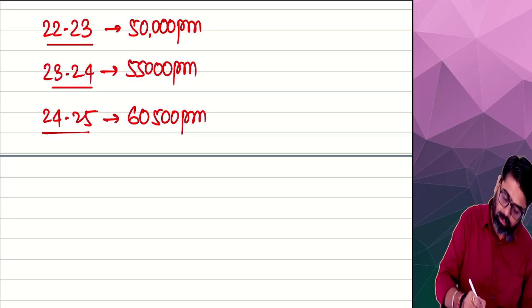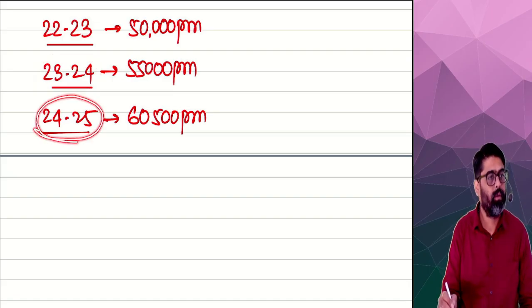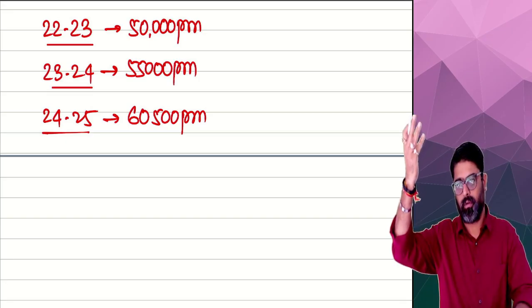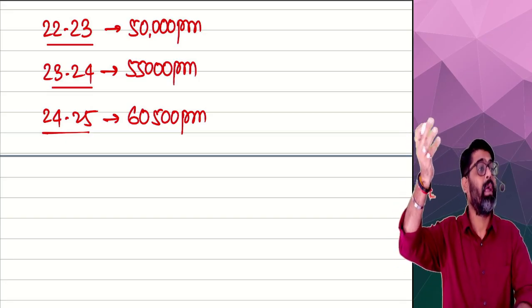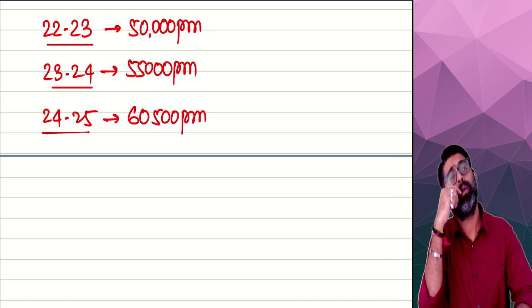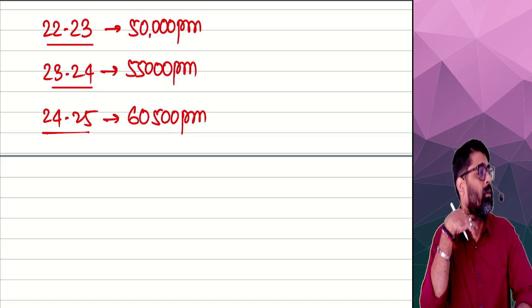Now what happened? Your salary was supposed to increase in 23, 24. In 23, 24, when I was supposed to give you how much salary? 55,000 per month. That time I told you, see, the situation of the company is not good. Financial losses are happening. The company is suffering with losses.